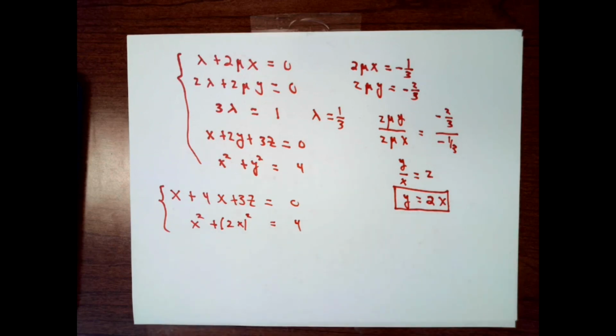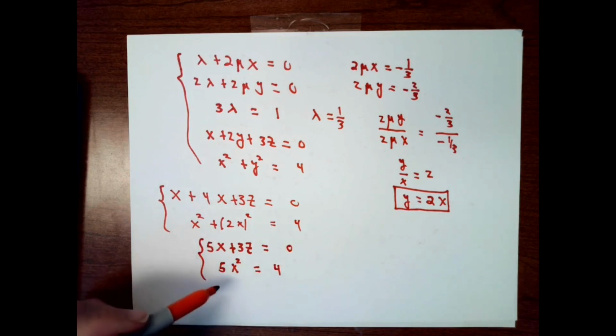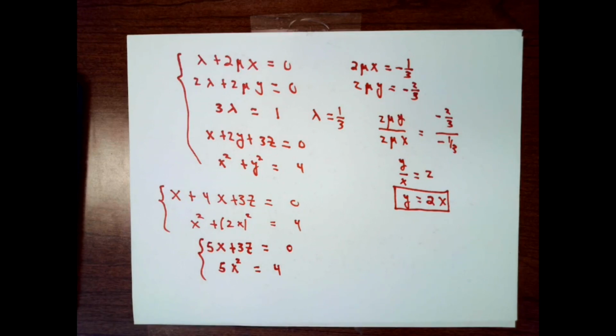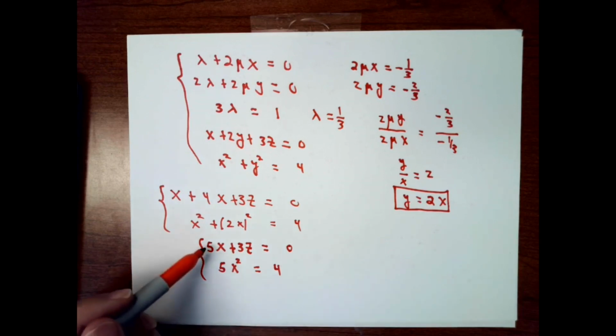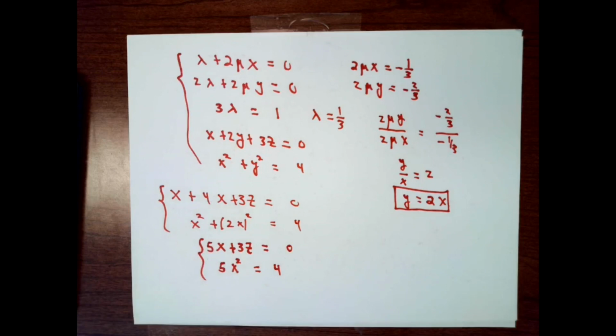That equation only has x in it. From this equation, I'll be easily able to figure out the x coordinates of any possible high or low spot. And once I know the x coordinates of such potential candidates, I can use this equation to find the corresponding z coordinate, and z is the thing that I'm trying to maximize or minimize.